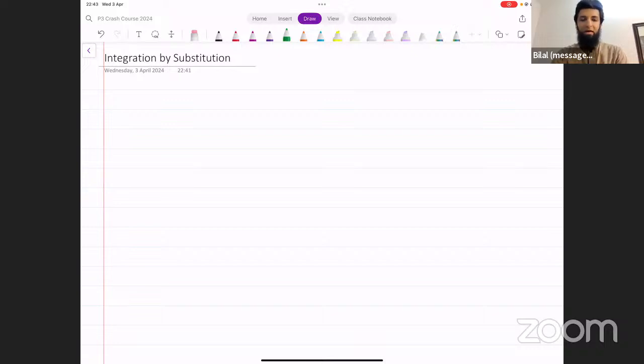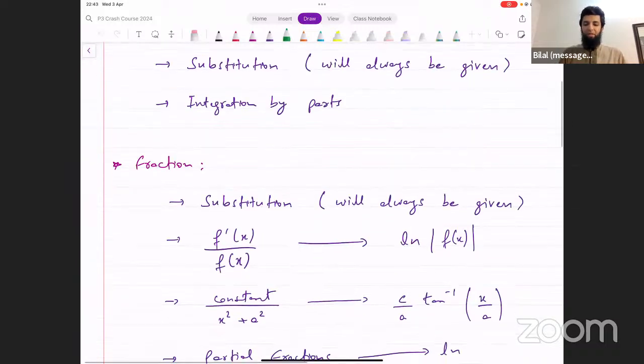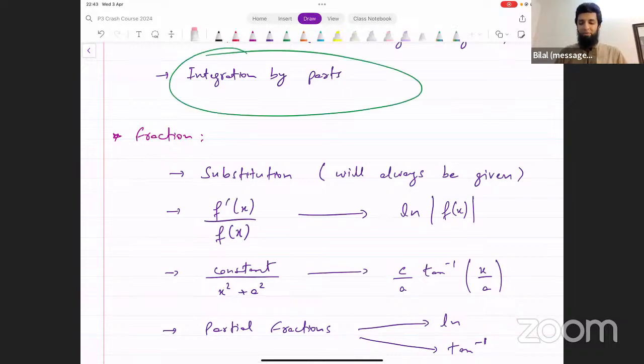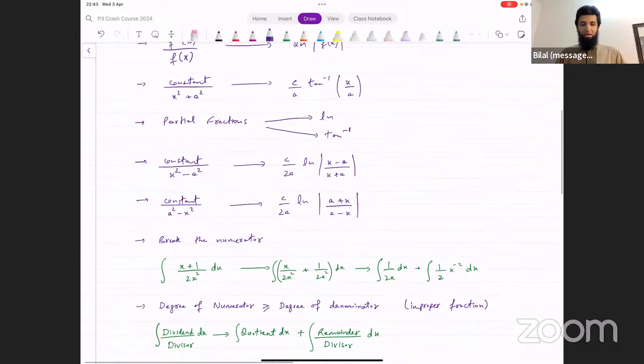In the other types of functions and the other methods of integration, for example, integration by parts when you have a product, and all of these other forms, ln rule, tan inverse rule, partial fractions, splitting the numerator, improper fractions, and so on, you have to figure it out yourself by looking at the question, looking at the function, which method is going to work on which function.